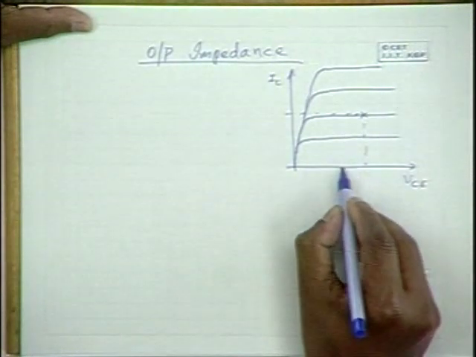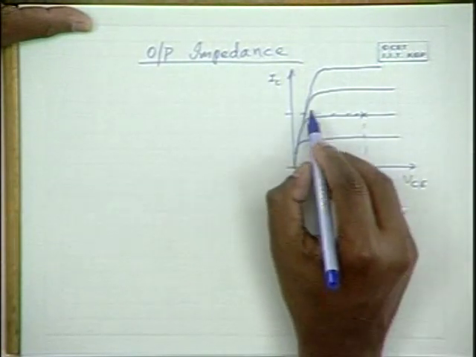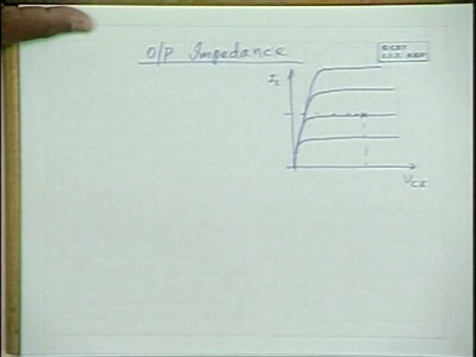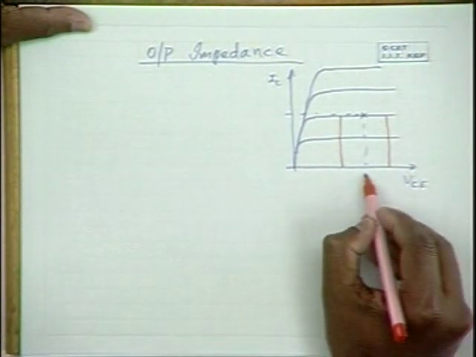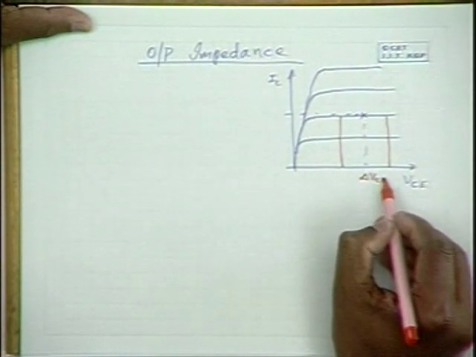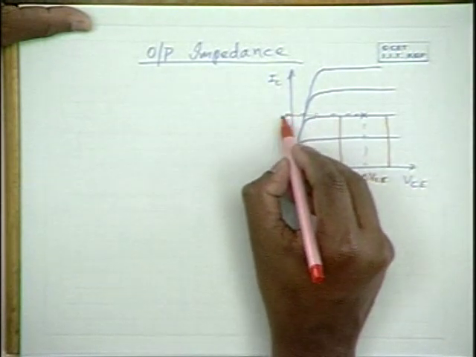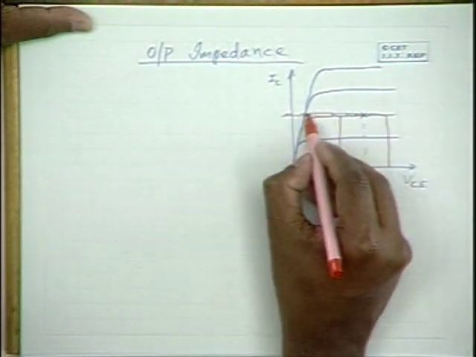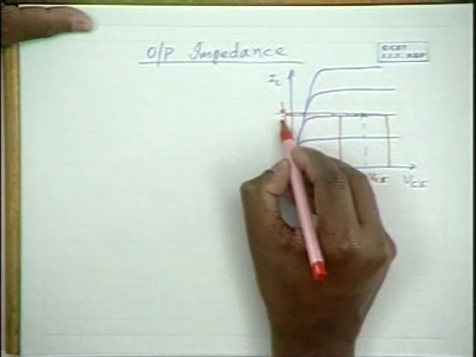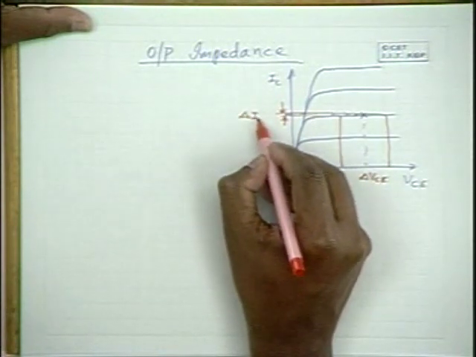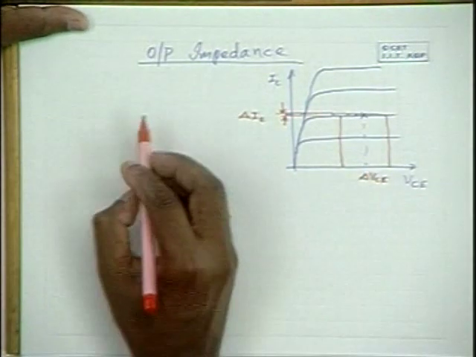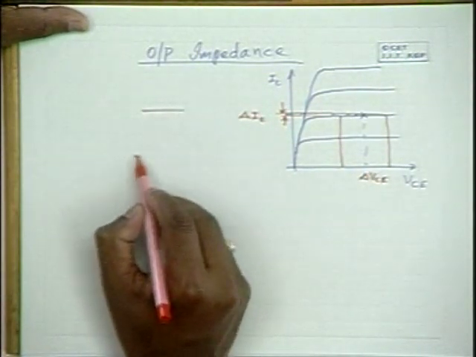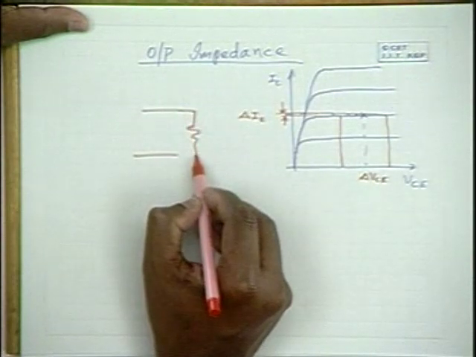Now by changing the output voltage, we expect some change in the current. If this is the delta VCE that is applied, we observe a small amount of delta IC in the biasing quantities.